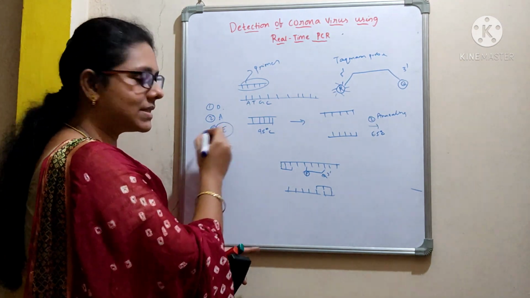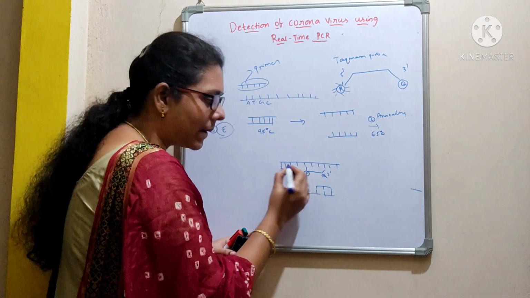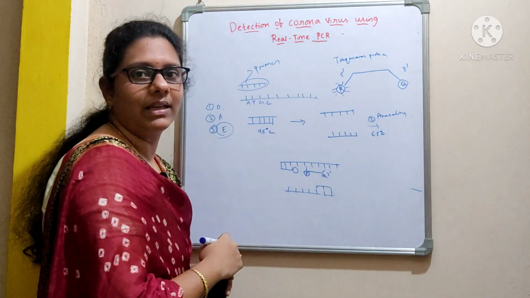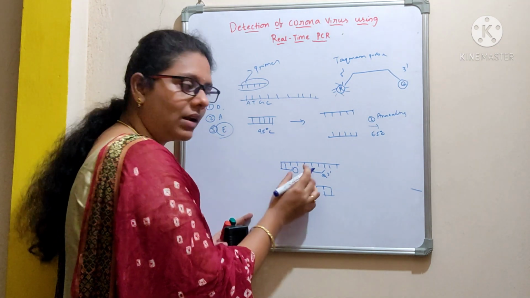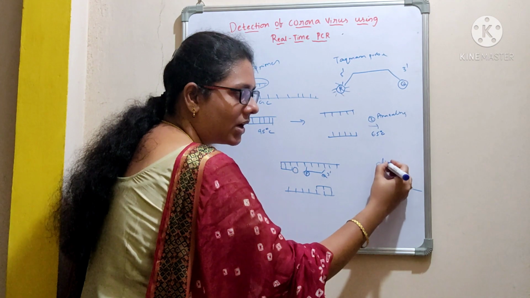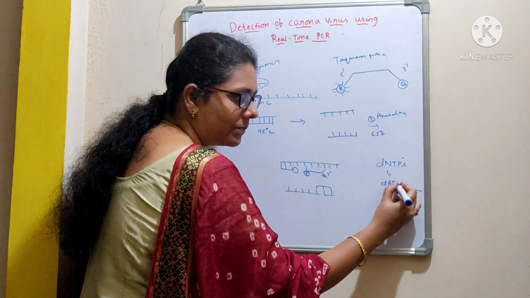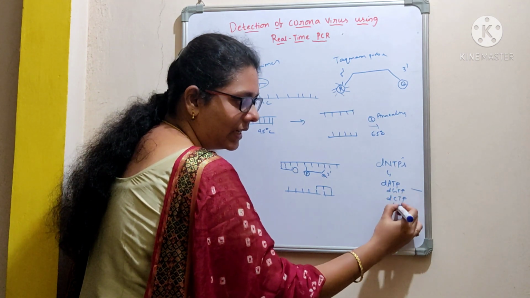Next comes the extension, where the DNA polymerase comes into action and synthesizes the DNA, right? So what is the role of DNA polymerase here? When we set up a reaction, we also add dNTPs, that is dATP, dGTP, dCTP and dTTP.